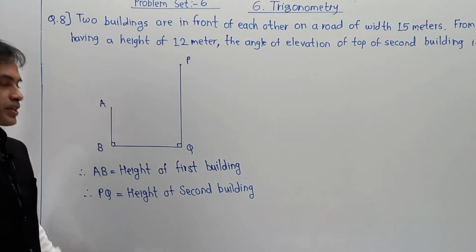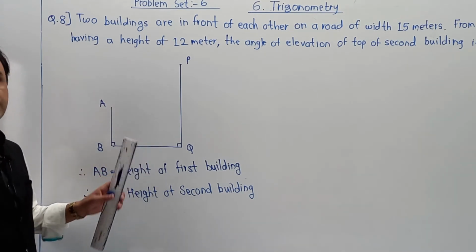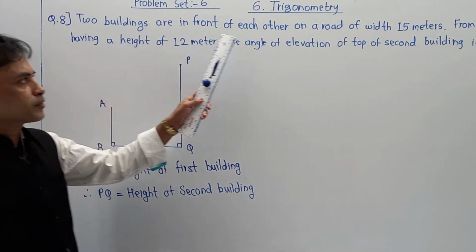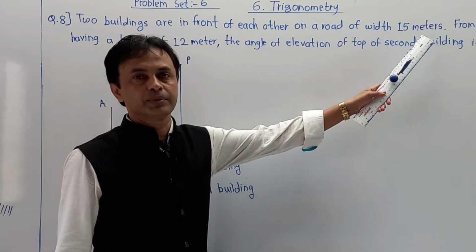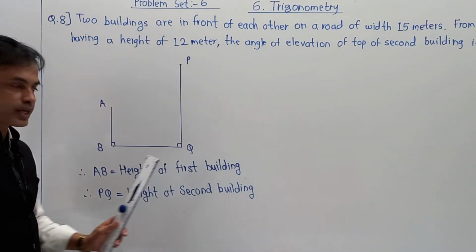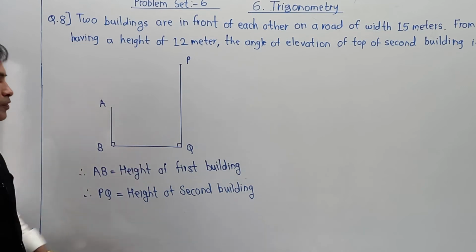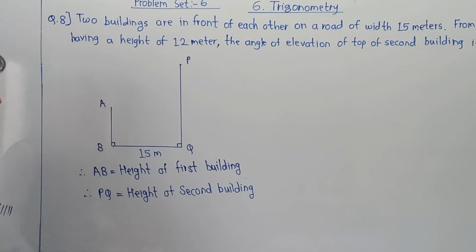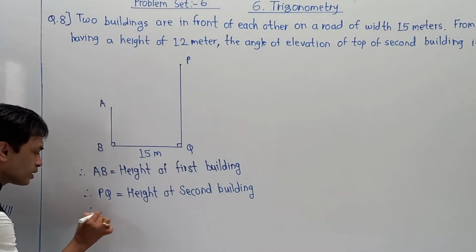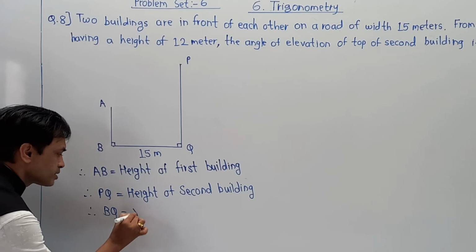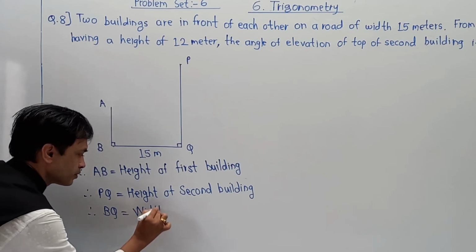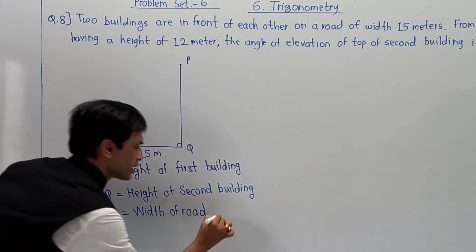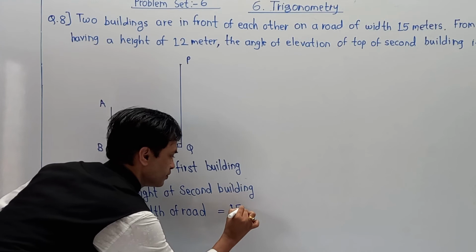This is a description of the diagram structure that we are going to draw. The width of the road is BQ, that is 15 meters. So I am going to indicate that part here, that is 15 meters. BQ is the width of the road, and as per the question, it is 15 meters.